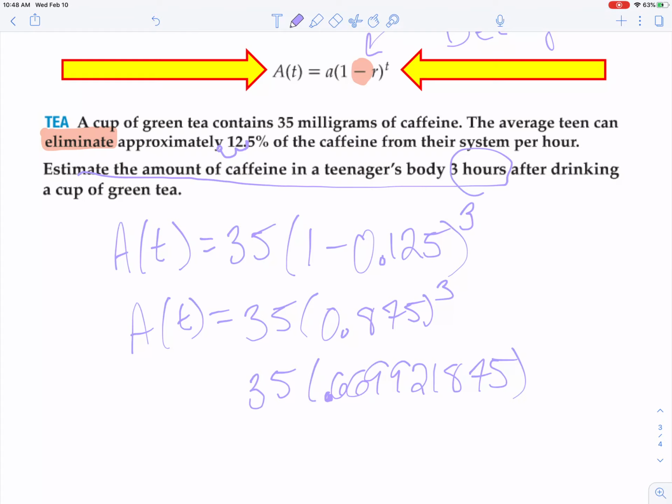So my calculator automatically plugs that big long decimal back in. 23.45. Does it tell me how many decimal points to round to? No? Okay. Should we do 1 or 2? We'll do 2. Better label that. Milligrams. That's your answer.